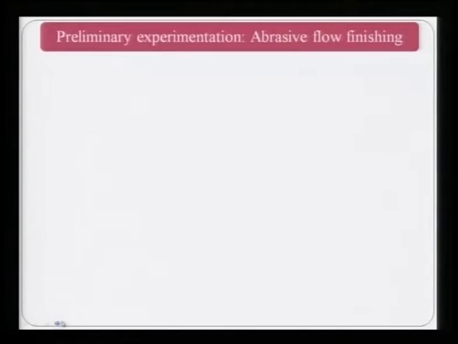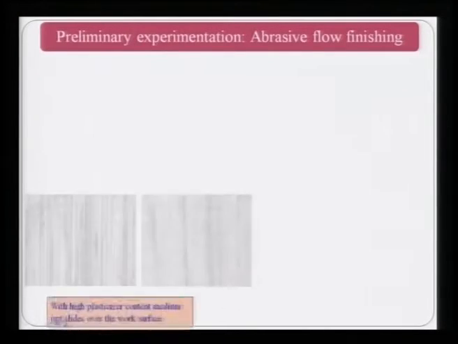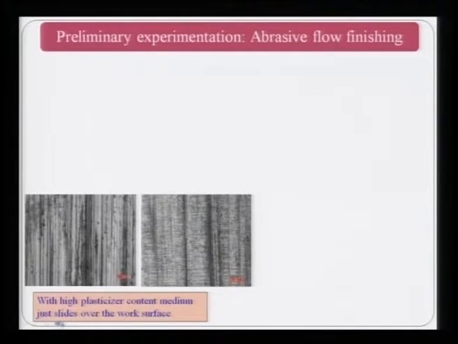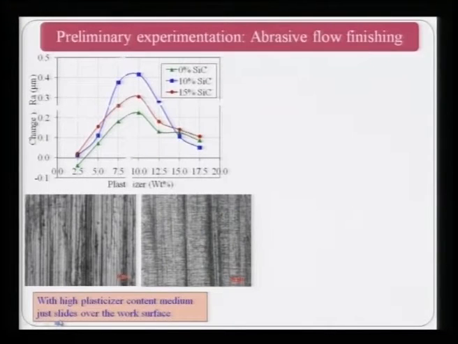Let us see the parametric analysis of abrasive flow finishing processes. Some experiments were conducted at IIT Kanpur, and you can see here that with the high plasticizer content, the medium just slides over the workpiece surface.